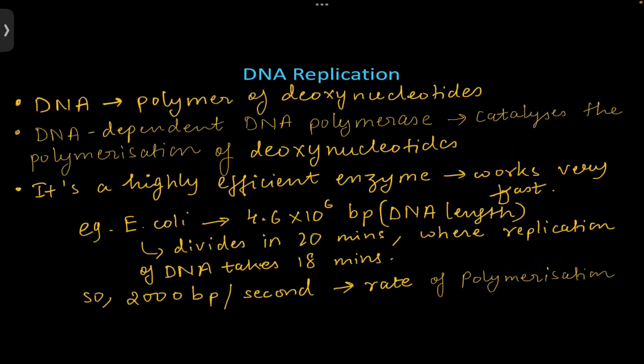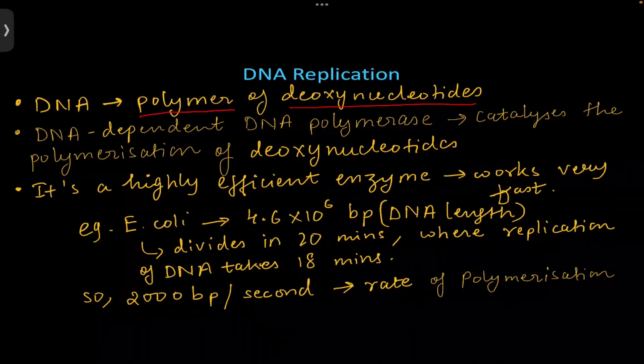Now, DNA is a polymer, as I already told you. It is a polymer of deoxynucleotides. And the enzyme DNA polymerase is a DNA dependent polymerase enzyme. It requires DNA as a template for the synthesis of the new DNA strand. It cannot use an RNA molecule.